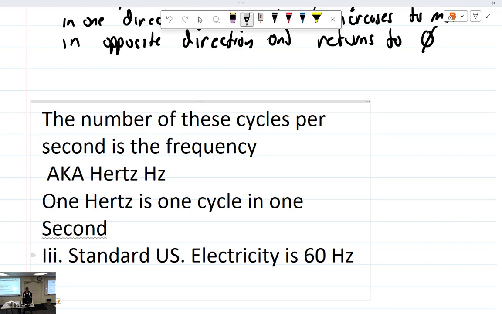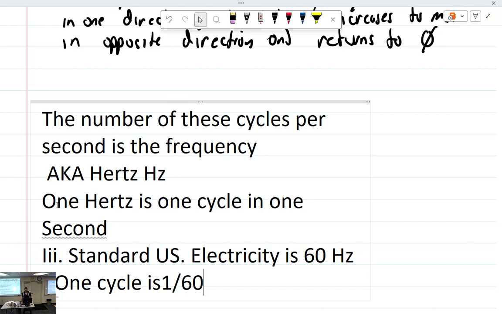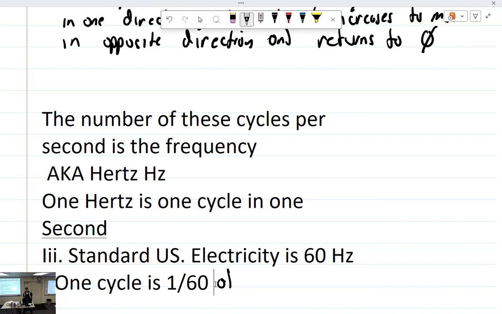So 1 cycle is 1/60th of a second, which is 1 over 60. Also called the period.